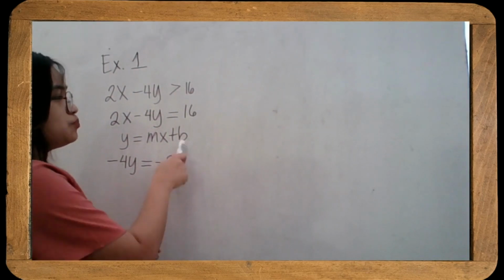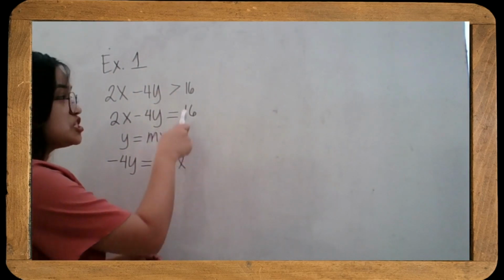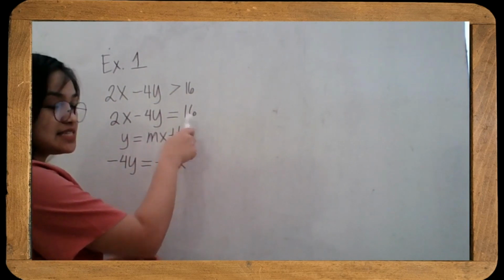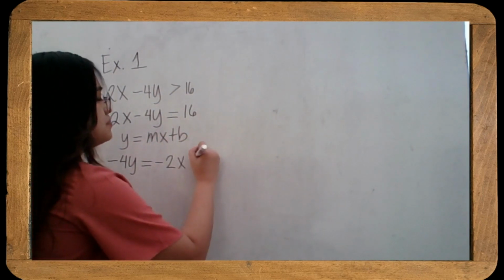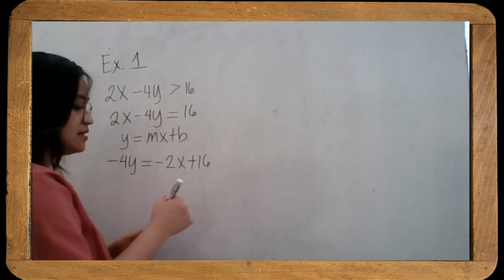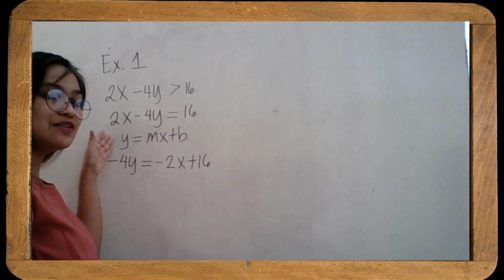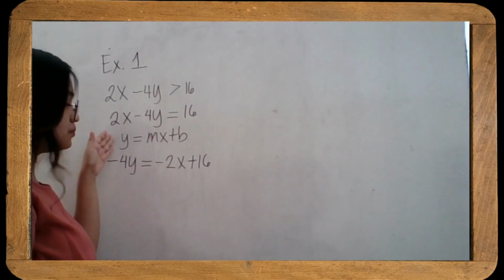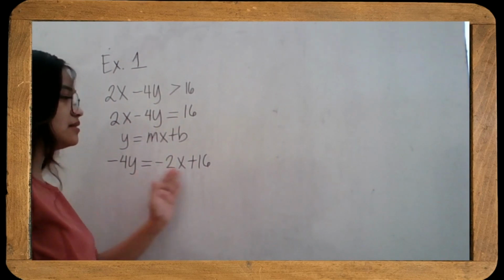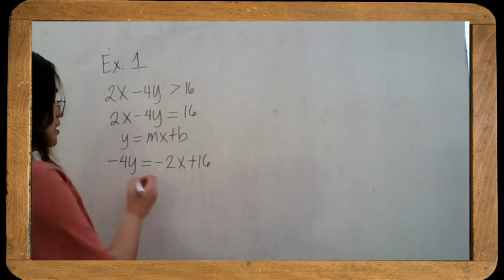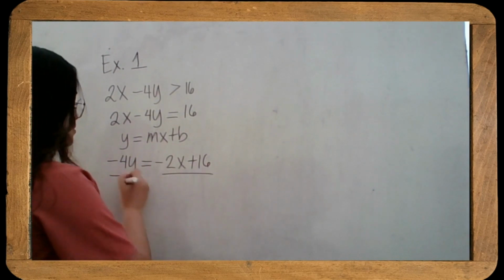And then, yung b, yun yung constant, which is 16, at nasa right side na sadya. So, copy lang natin, positive 16. Next, di ba sabi nga natin, y lamang ang format ng slope-intercept form. That means, i-divide natin both sides by negative 4.